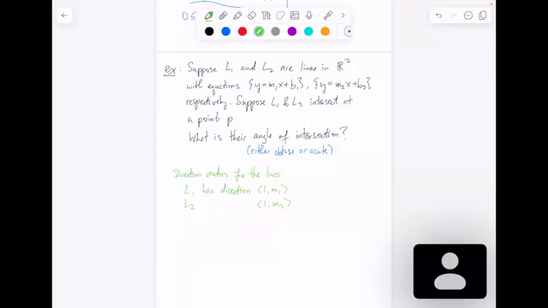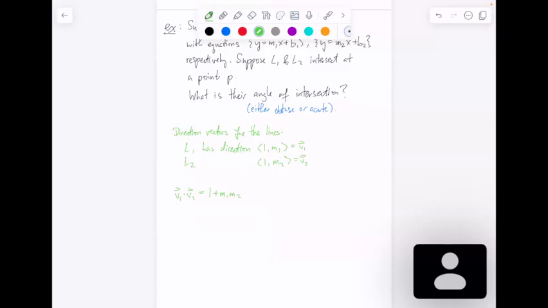And now what should I do with these two direction vectors? What's the dot product of these direction vectors, first of all? The dot product of them would be 1 plus m1 m2. And the magnitudes are going to be the square root of 1 plus m1 squared for v1, and the square root of 1 plus m2 squared for v2.